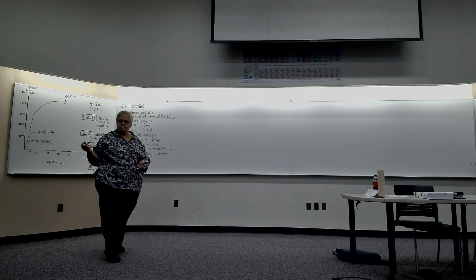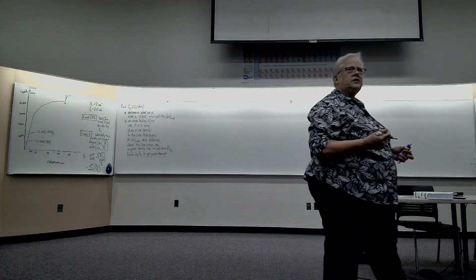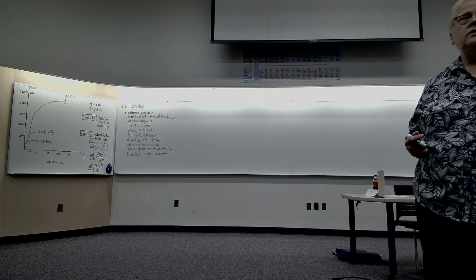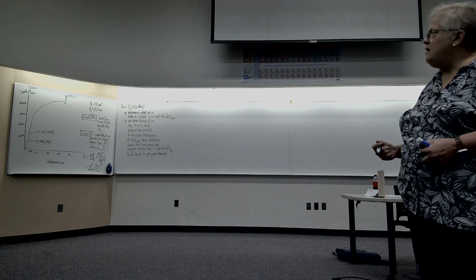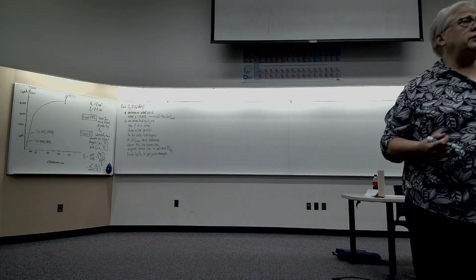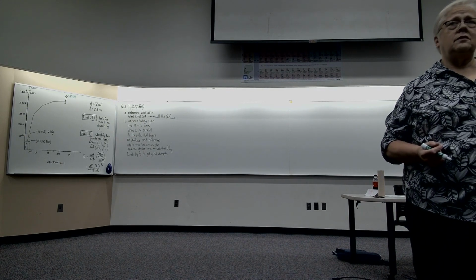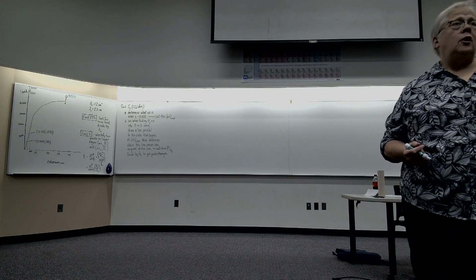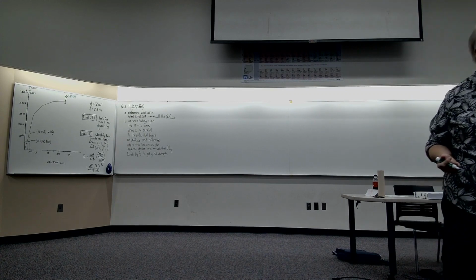Now, here's a great chance to illustrate why we use significant digits. Would it be reasonable for me to say that the maximum load is 5,541.37 newtons? Well, it's possible, but can my eyes determine that?